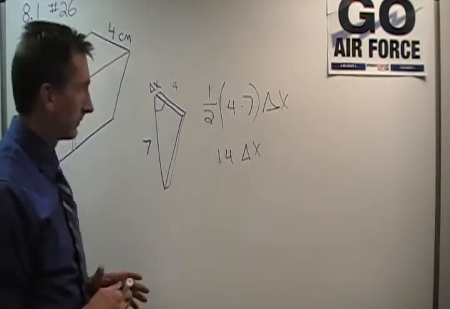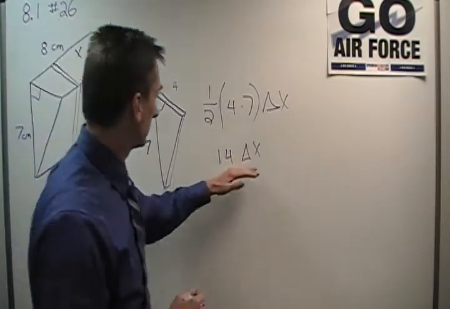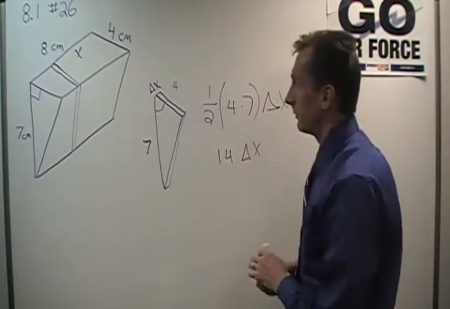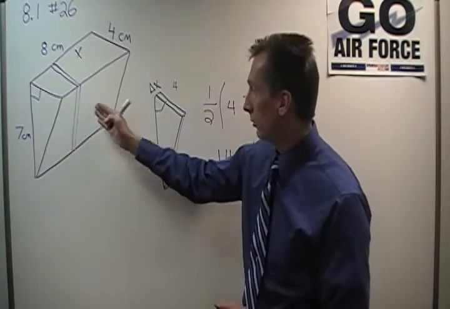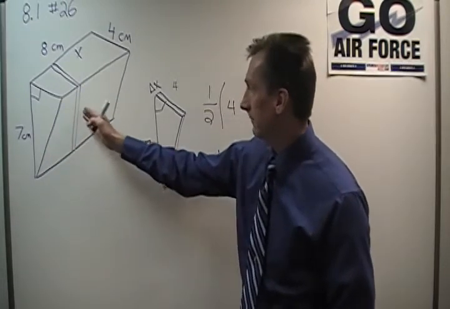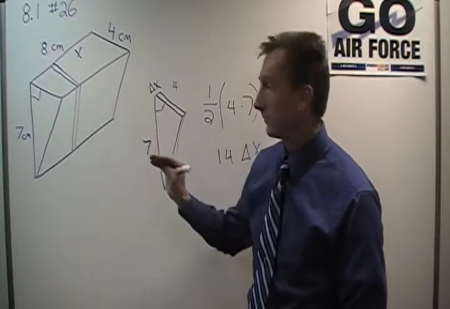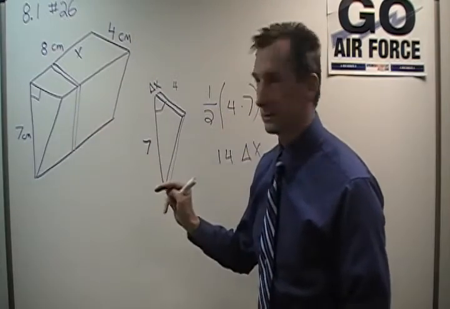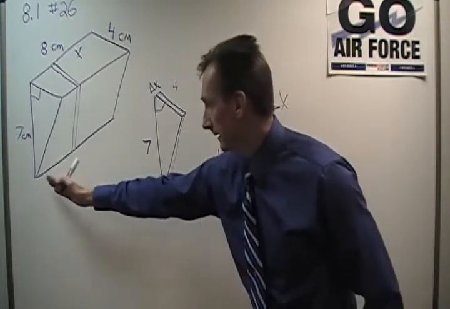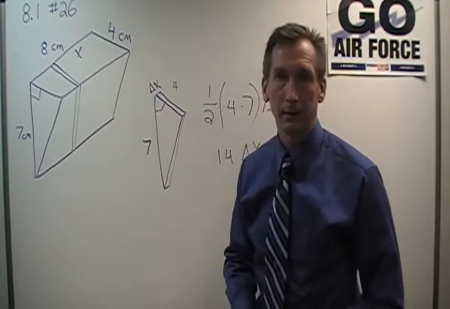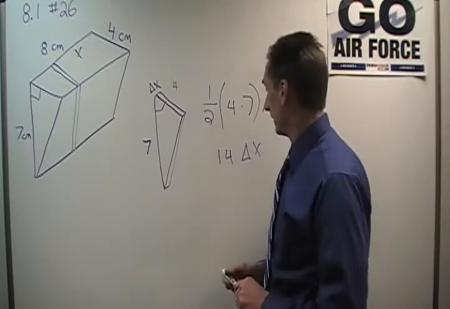Now you'll notice that we've just got one of these. We're going to need to add up a whole bunch of them, not only all of them that are delta X wide, but we're going to take the limit as delta X goes to 0, and then calculate the entire volume this way.